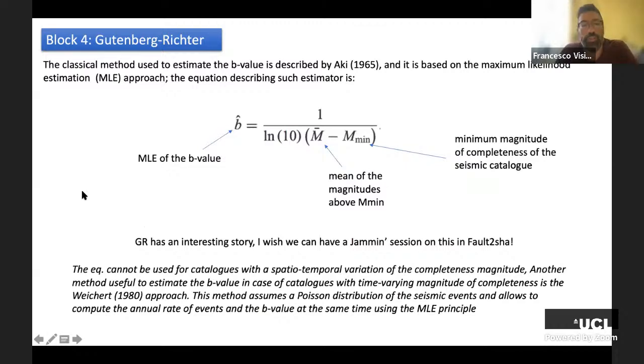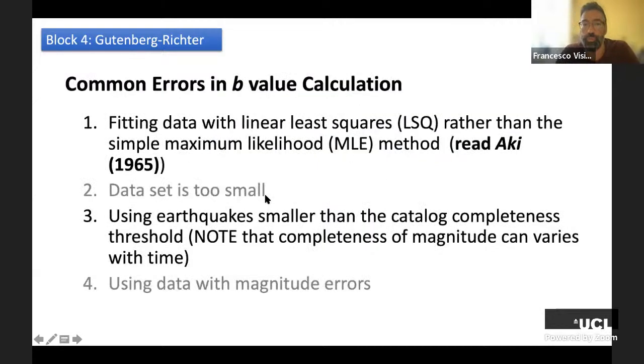The classical method used to estimate the b-value is described by Aki in 1965, and it's based on the maximum likelihood estimator approach. What is very important is that we have to estimate the mean of the magnitudes and the minimum magnitude of completeness. These are the 2 most important parameters.